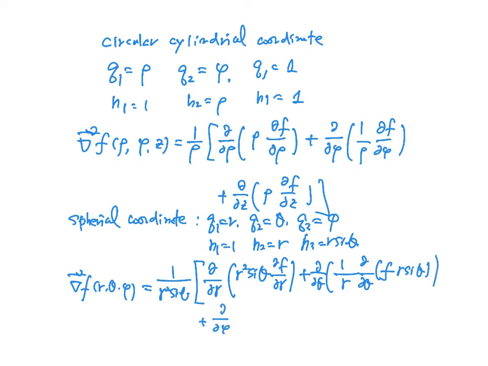Plus partial phi partial, 1 over h3 is r sine theta, partial phi partial f, with h1 h2 being r.